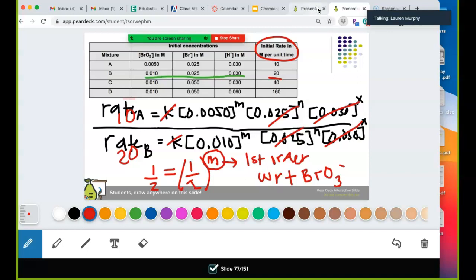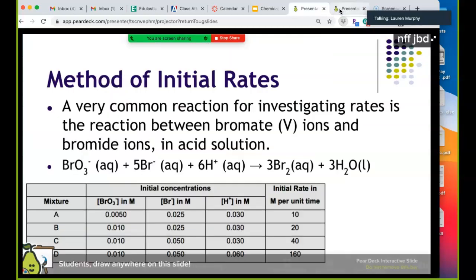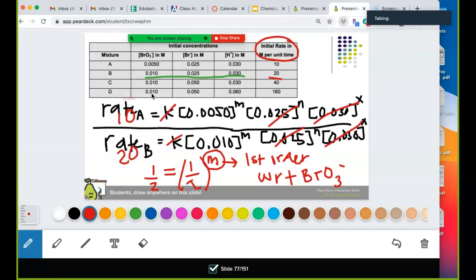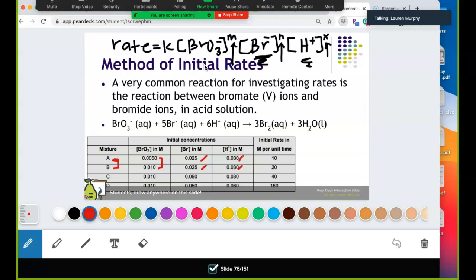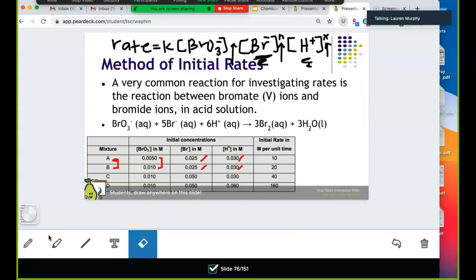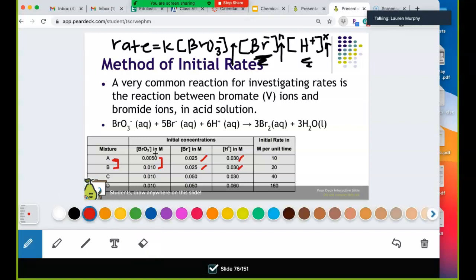So now if you go back to your rate law, you know bromate right here. I'll just do this real quick. Bromate is a 1. Now you're going to learn that we don't write ones for first order. Just writing the substance itself implies a 1, but for now, let's just do it. We just found out bromate is first order.